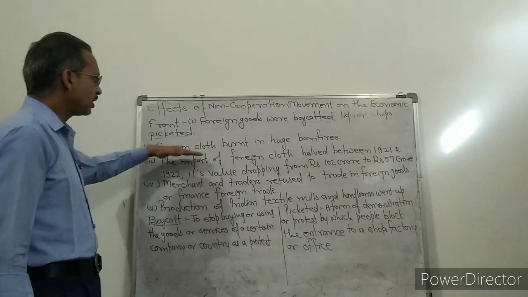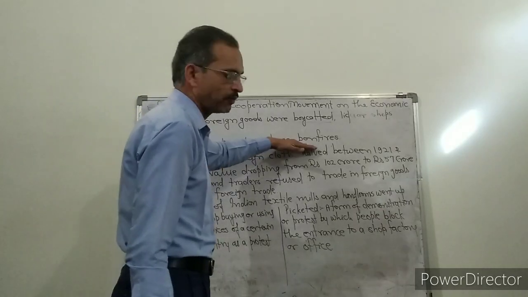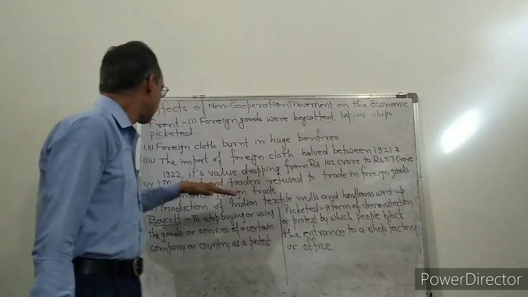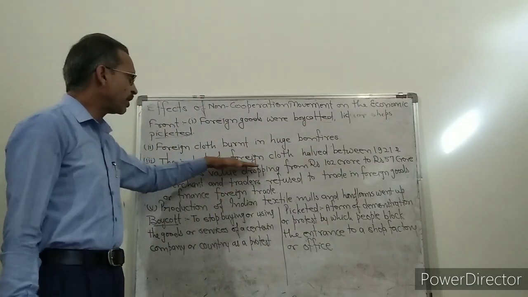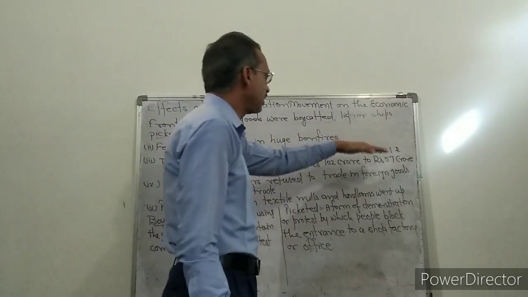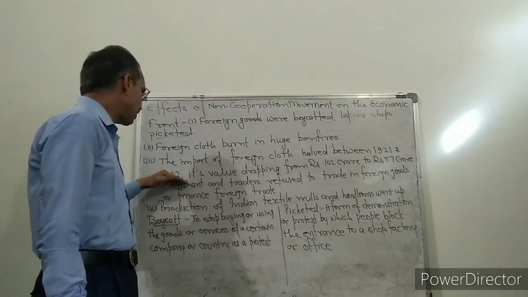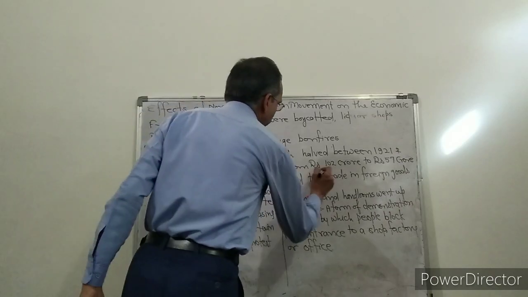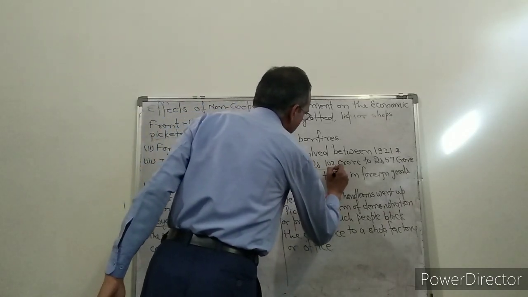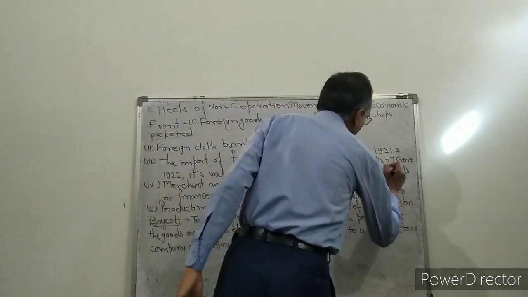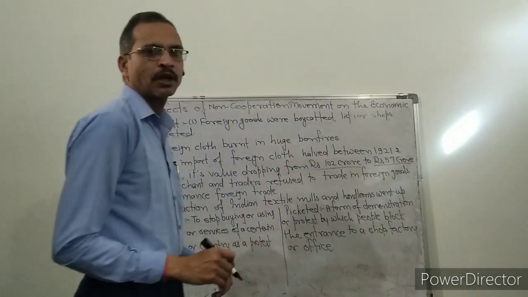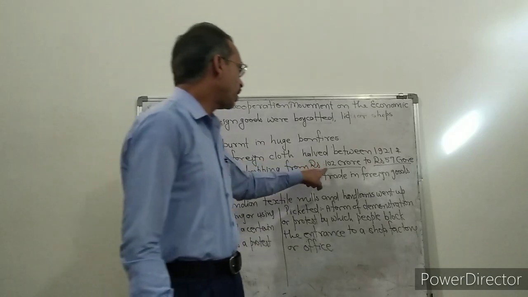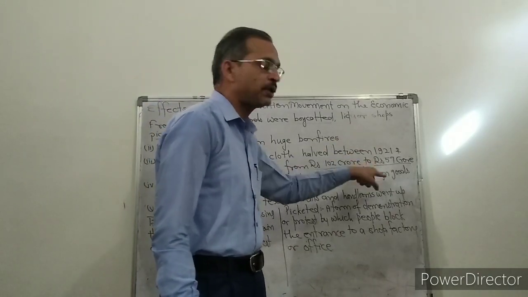Next thing, foreign clothes burnt in huge bonfires, और विदेशी कपड़ों की होली जलाई गई. The import of foreign clothes halved between 1921 and 1922. Its value dropped from 102 crore to 57 crore.